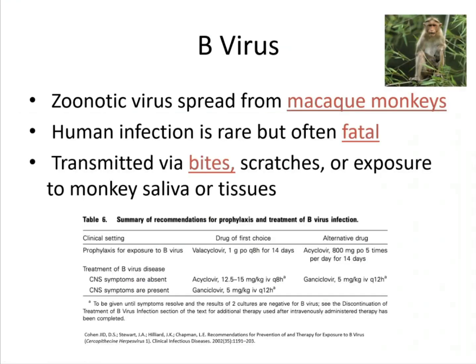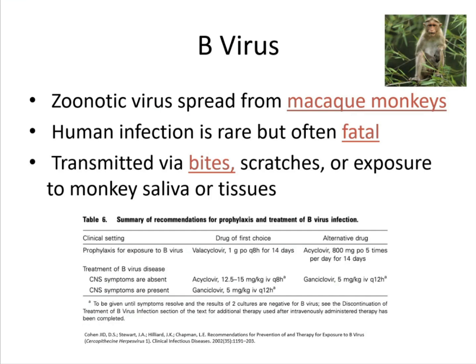Then B virus is a zoonotic virus spread by macaque monkeys. Human infection is rare, but often fatal. Transmitted mainly through bites. Importantly, less likely from scratches and other exposure to other saliva or tissues.